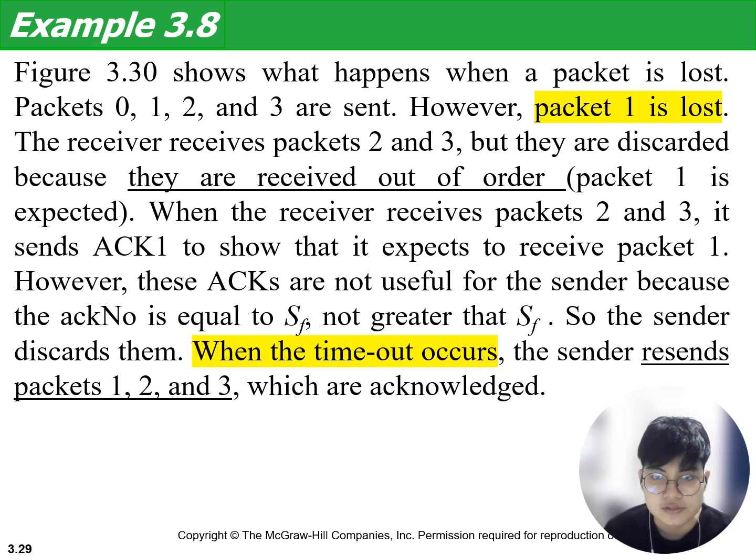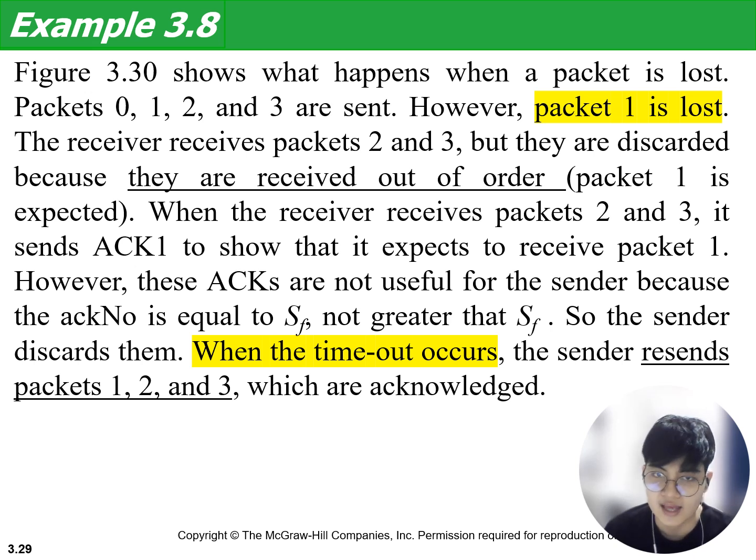Figure 3.30 shows what happens when a packet is lost. Packets 0, 1, 2, and 3 are sent. However, packet 1 is lost. The receiver receives packets 2 and 3, but they are discarded because they are received out of order; packet 1 is expected. When the receiver receives packets 2 and 3, it sends ACK 1 to show that it expects to receive packet 1.